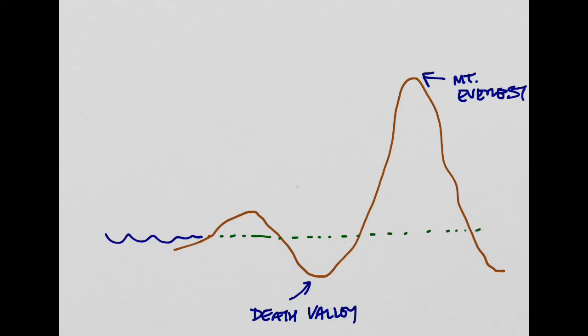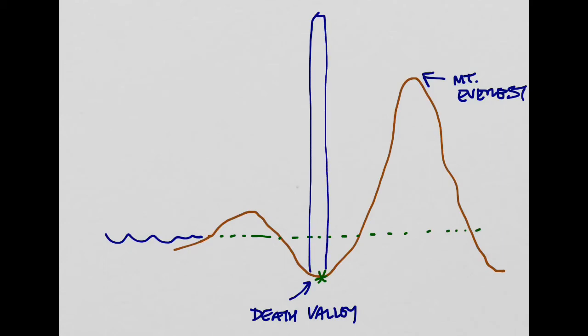Whereas Mount Everest is quite a bit above sea level in this situation. So if I were to be hanging out down here, let's say that I'm the green asterisk down here, and I'm trying to boil water in Death Valley, I have a huge column of air, for all the thickness of the atmosphere, above my head, or above the pot of water.